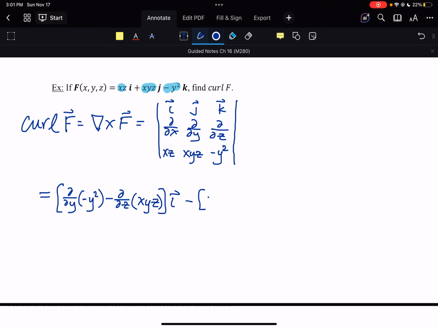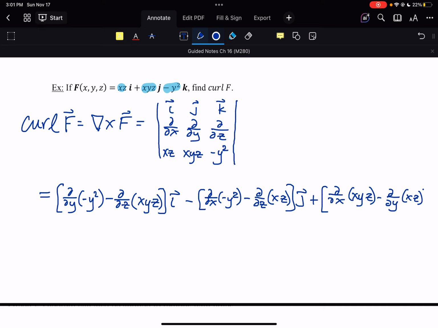Minus, for j, we get partial with respect to x of negative y squared minus partial with respect to z of xz, and that's j. And then plus partial with respect to x of xyz minus partial with respect to y of xz, and that's the k component.